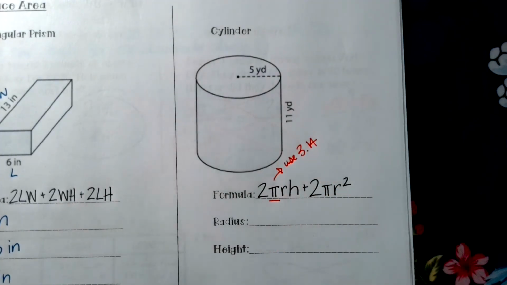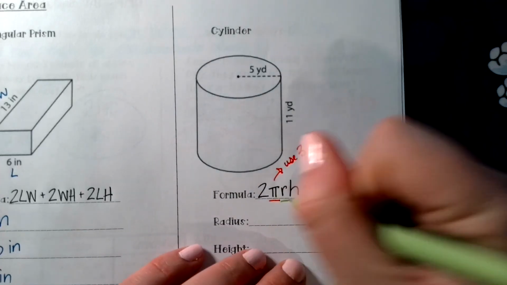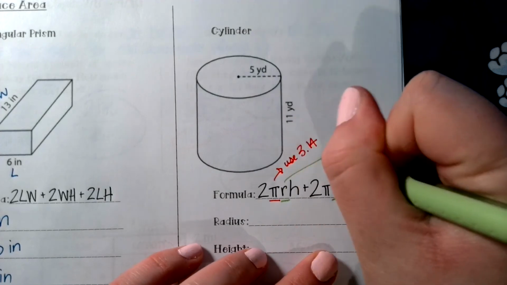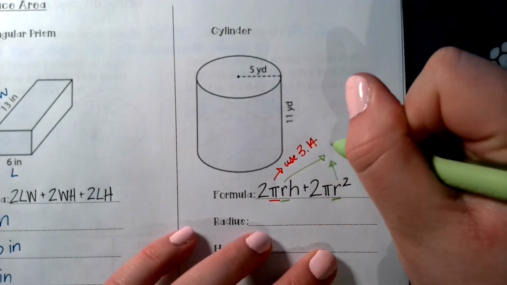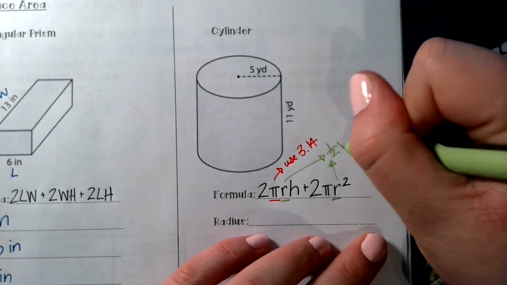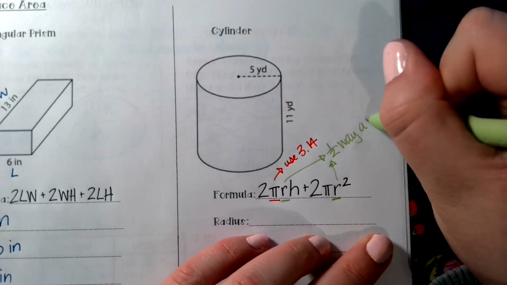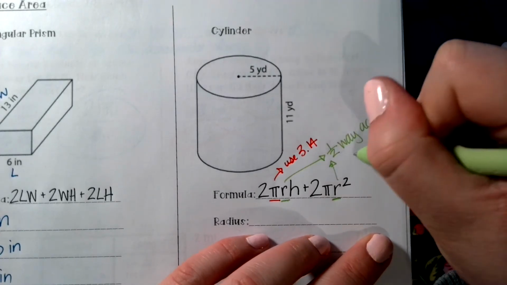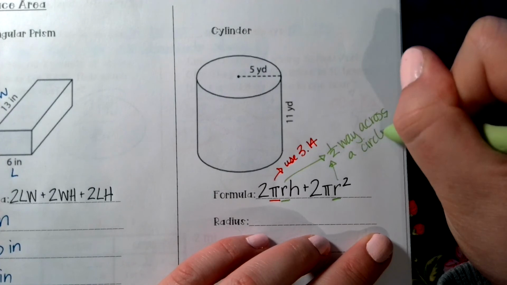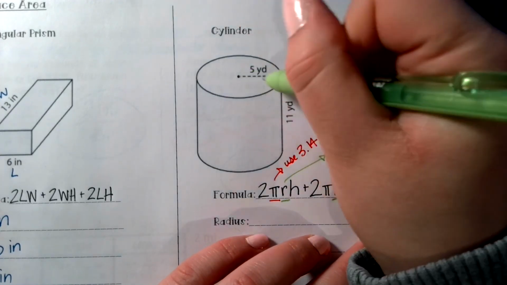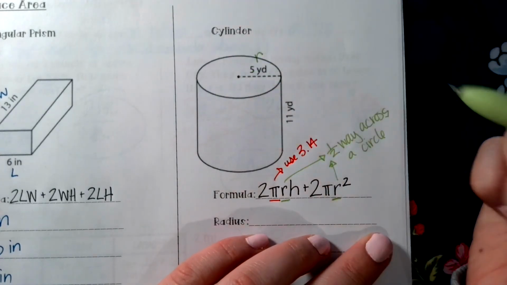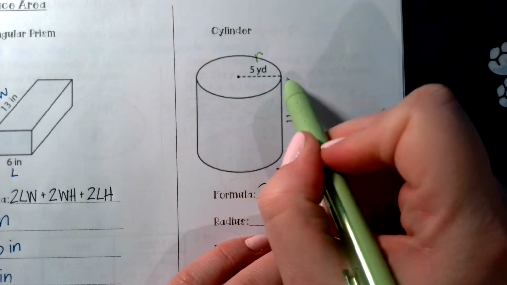And then the second one is that when we have this radius, remember that's halfway across a circle. So on this picture, that 5 yards, that's our radius. It's halfway across.